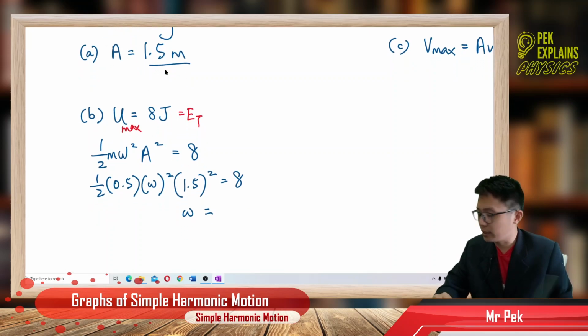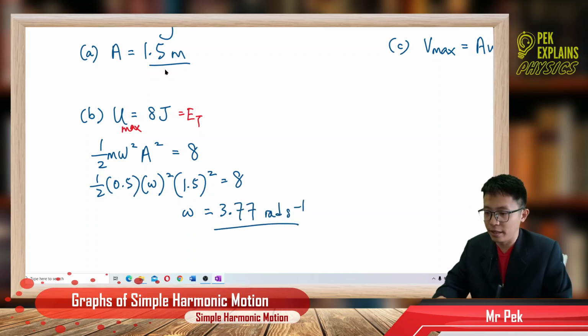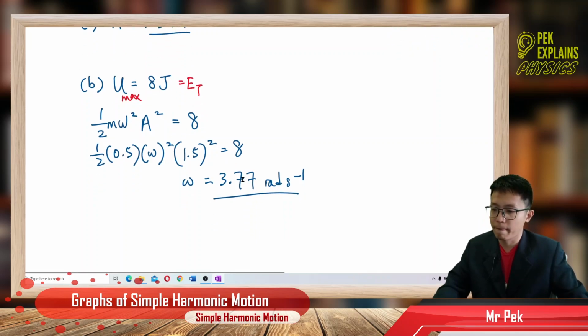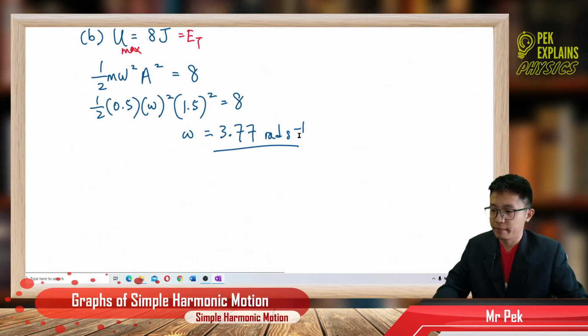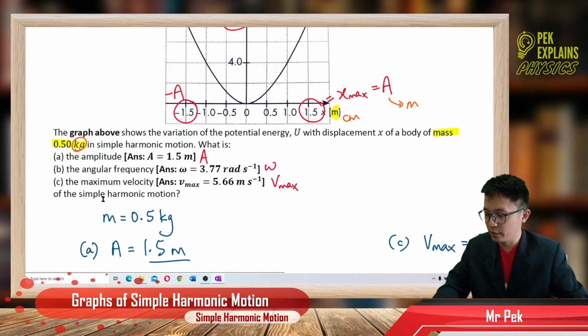It is 3.77 radian per second. That's the omega. Now, the unit is radian per second.